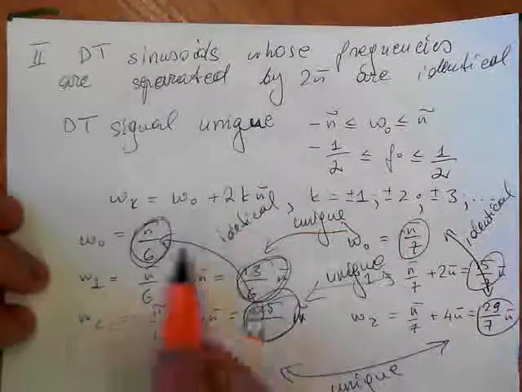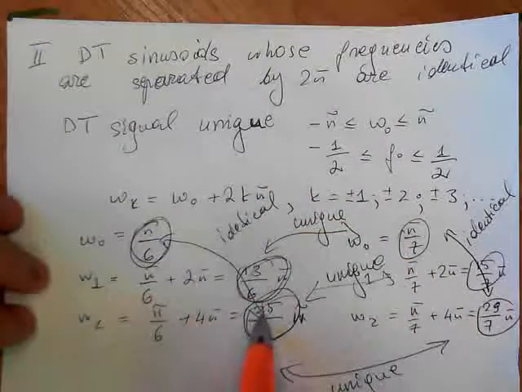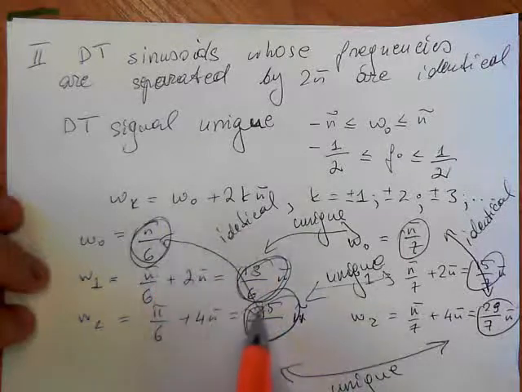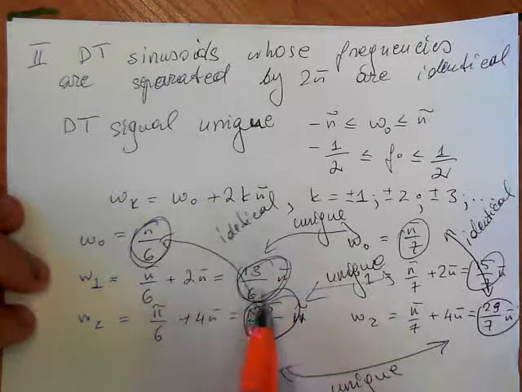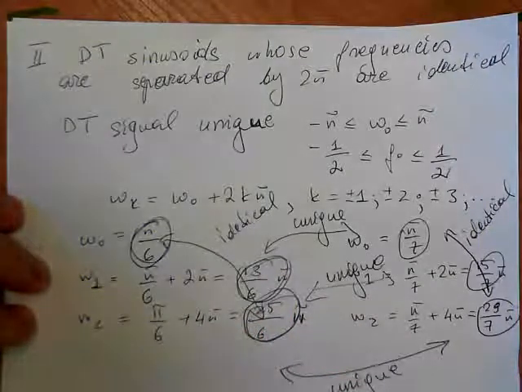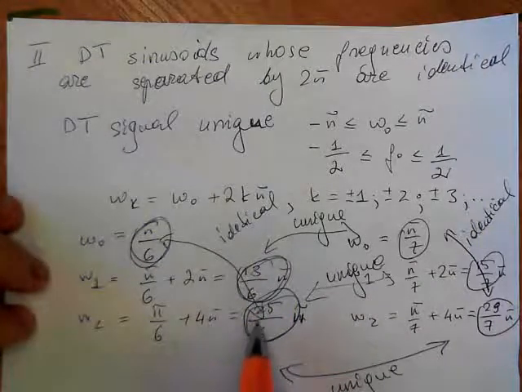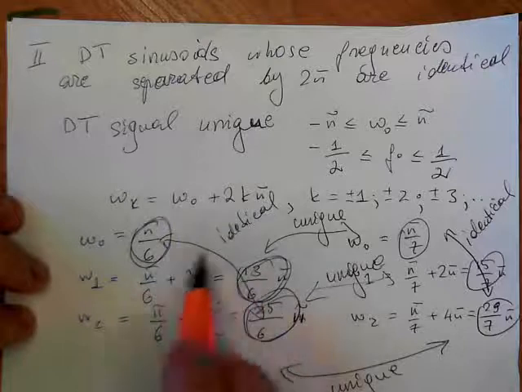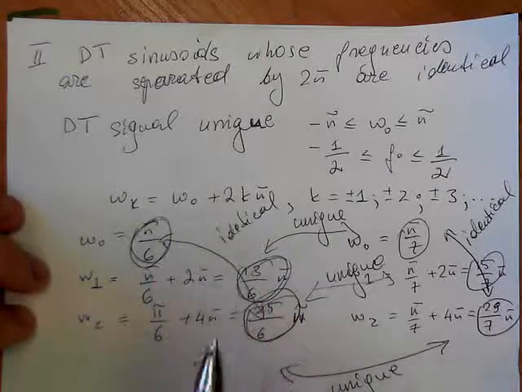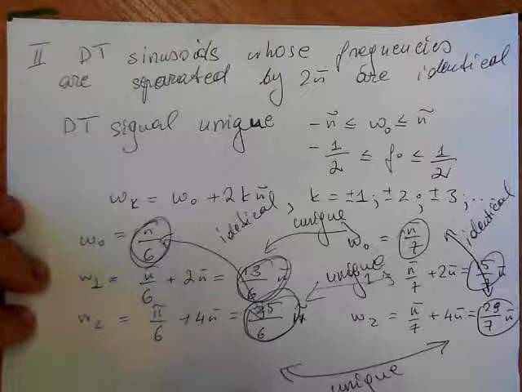Aliasing is having the same signals, although their frequencies are separated by 2 pi. So these signals are called aliases, and this is the example of aliasing. If you get this, you will know.